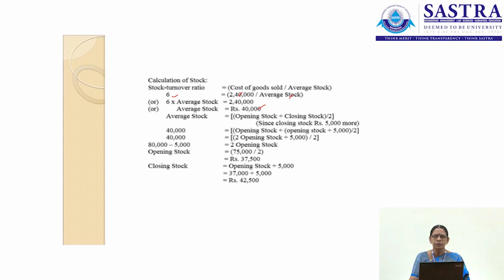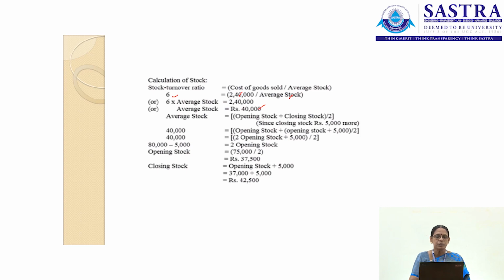What is your average stock? Opening stock plus closing stock by 2. Since closing stock is 5,000 more, it is opening stock plus opening plus 5,000 by 2. Either you can have opening stock as X also. 40,000 is equal to 2 opening stock plus 5,000 by 2. 80,000 minus 5,000 will have 2 opening stock.